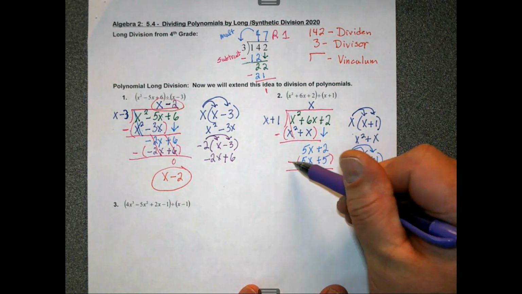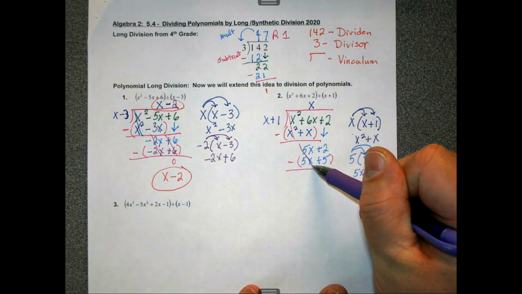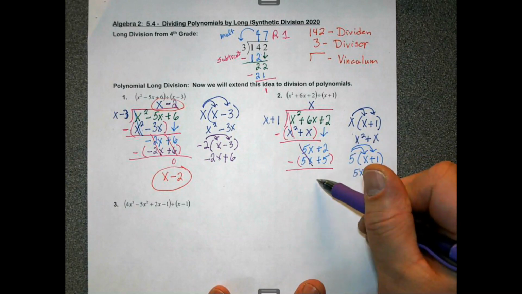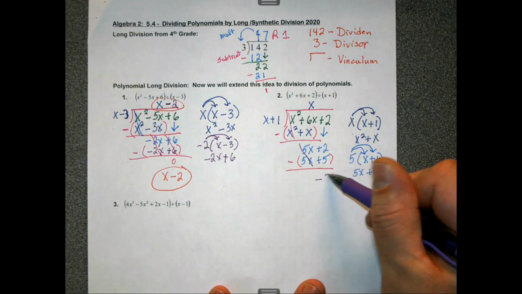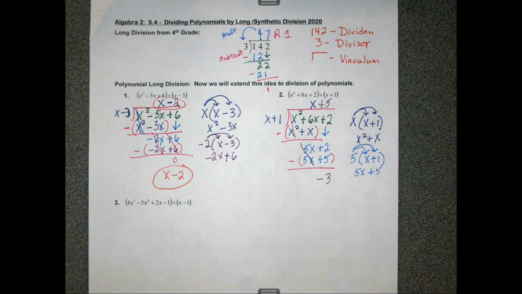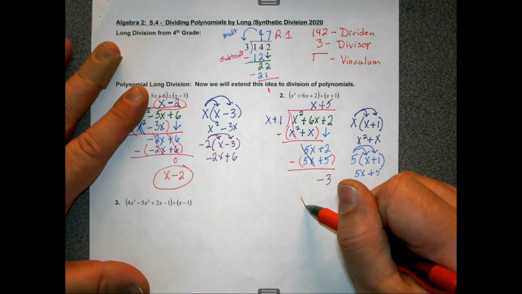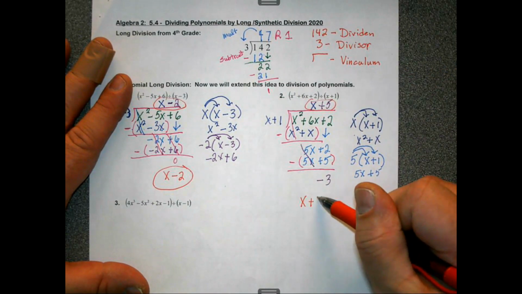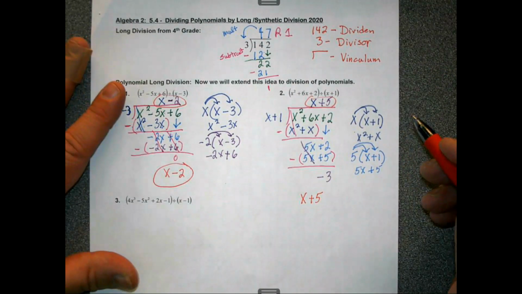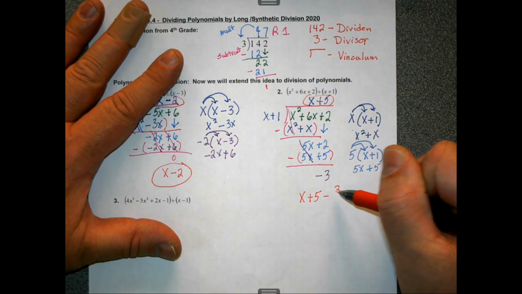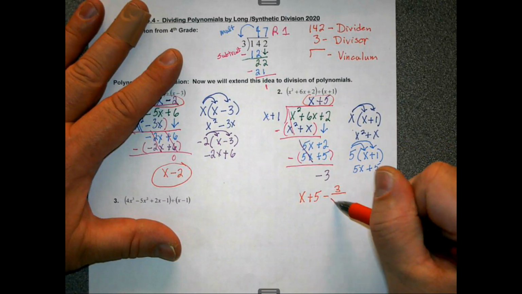Okay, 5x minus 5x eliminates this first term. 2 minus 5, negative 3. Oh, I forgot to put my plus 5 up here. So my answer is x plus 5. And we're not going to put r minus 3 there. We're going to actually put minus 3 over the divisor, x plus 1.